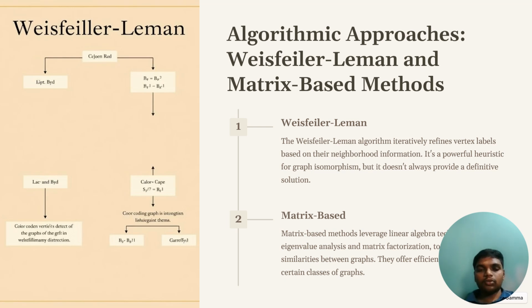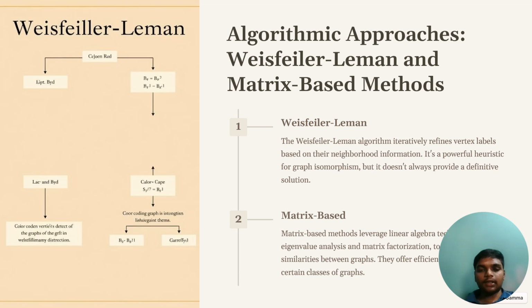Isomorphism can be used to detect similar structures within different datasets. This is crucial in various fields like bioinformatics, for example, detecting similar molecules, and computer vision.